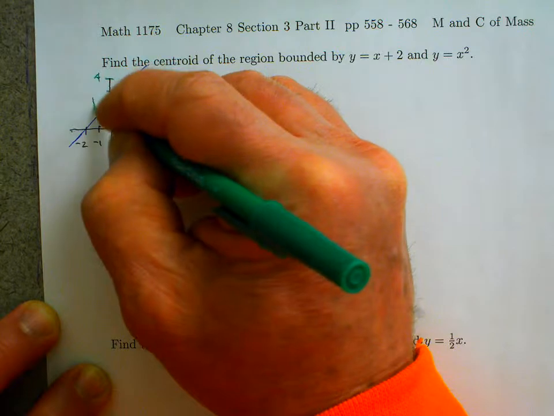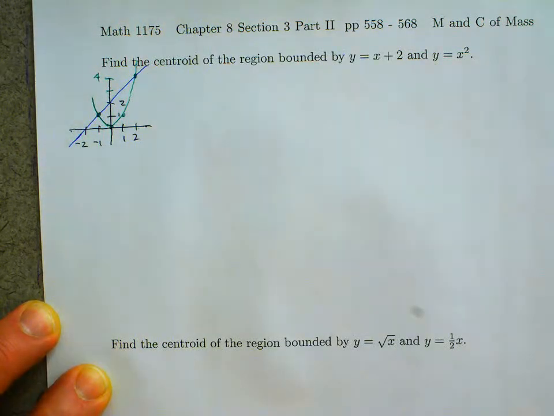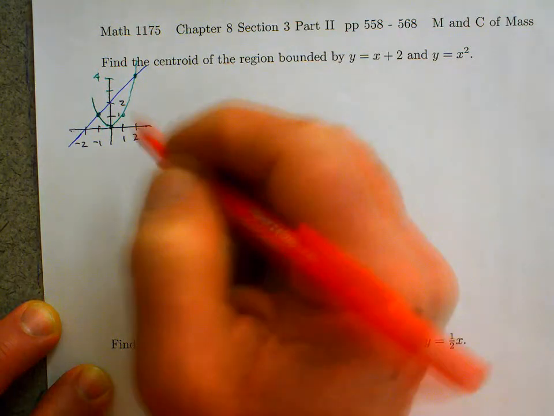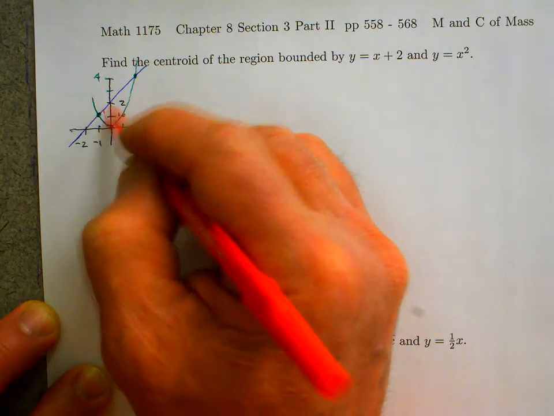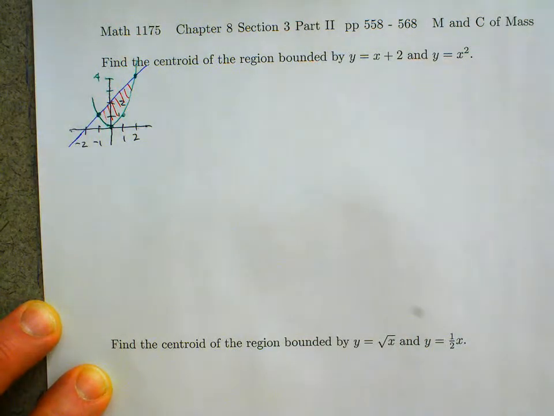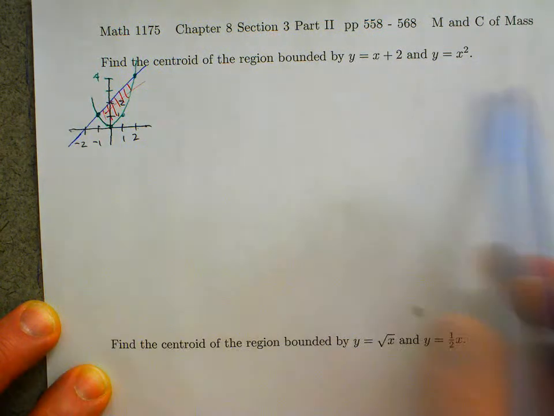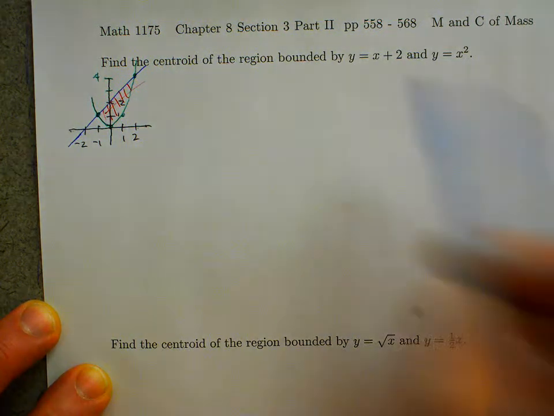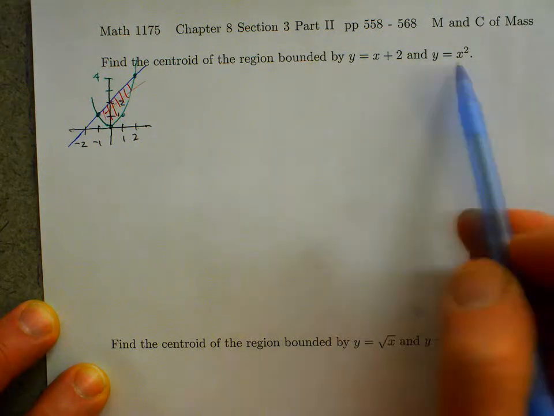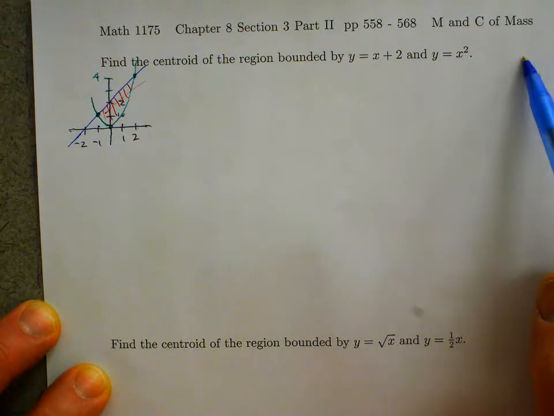So the parabola looks something like this, and our bounded region is between x equals -1 and x equals 2. You can determine this algebraically: set the two functions equal to each other and solve the resulting quadratic equation for x.